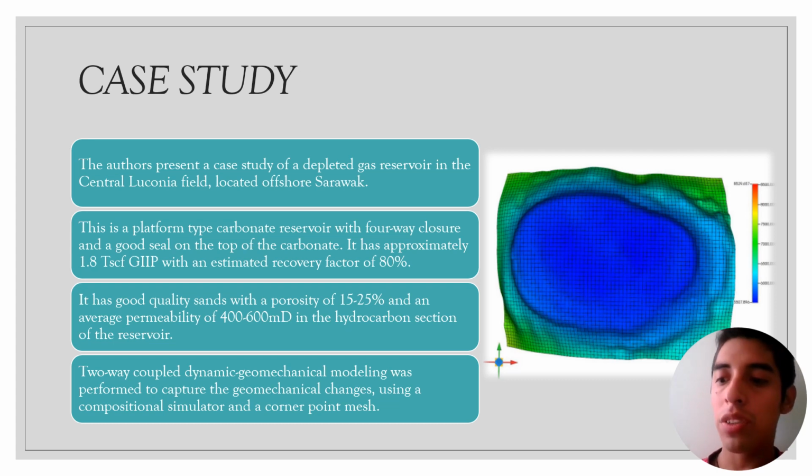And these reservoirs have 1.8 billion cubic feet of gas initially in place, with a recovery factor of 80%. One more consideration of this case study is that the reservoir is a platform-type carbonate built-up reservoir with a four-way dip closure.